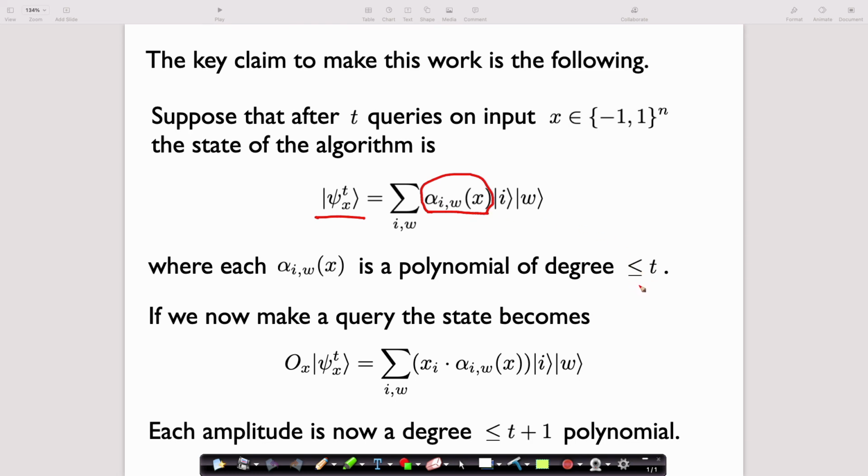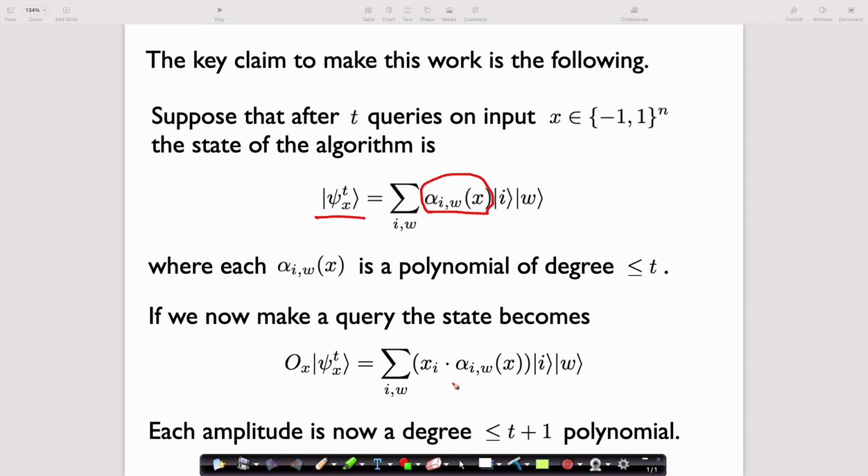So let's see why that's the case. Let's assume that this is true, and now we're going to advance the algorithm by one step and show that we get amplitudes that are polynomials of degree at most t plus 1. If we now make a query, then the state becomes the following.